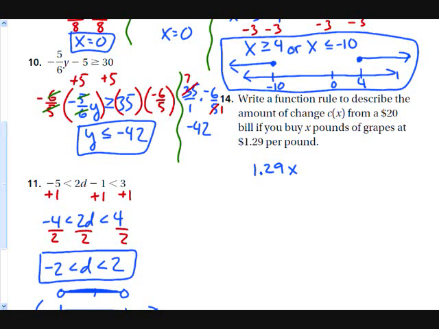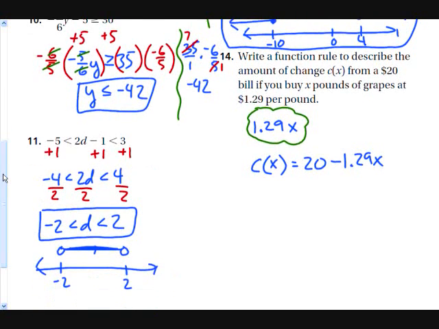That's how much the grapes are going to cost. So this is the cost of the grapes. And I want to subtract that amount from the $20 bill because that's how much change I'll get. So that means that C of x is going to equal 20 minus $1.29 times the number of pounds of grapes.